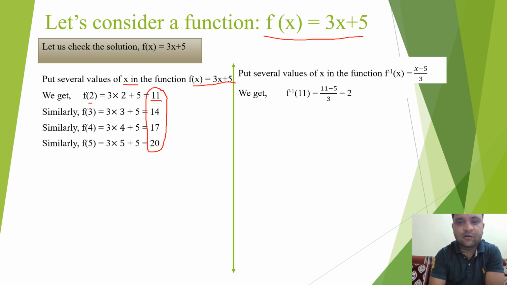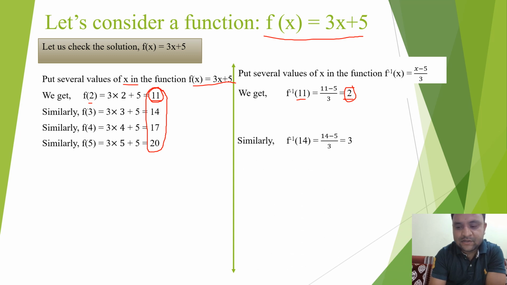On keeping x equal to 11, we got 2. The point to be noted here is that the same input we had by putting the values of x in the original function is obtained. See, the same 2 is obtained here by keeping x equal to 11 in the inverse function.